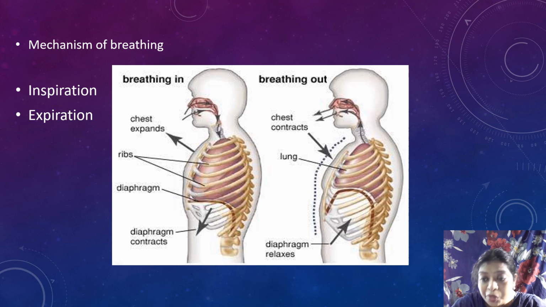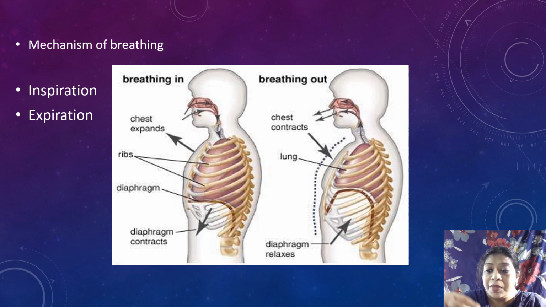I already told you in the earlier slides, the diaphragm plays a very important role in the mechanism of breathing. In inspiration, what happens? The diaphragm becomes flat, the chest expands and the ribs are pulled upwards and outwards. You can just examine it for a minute by taking a breath in.